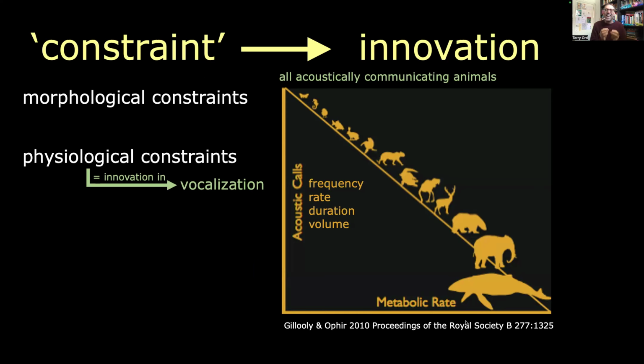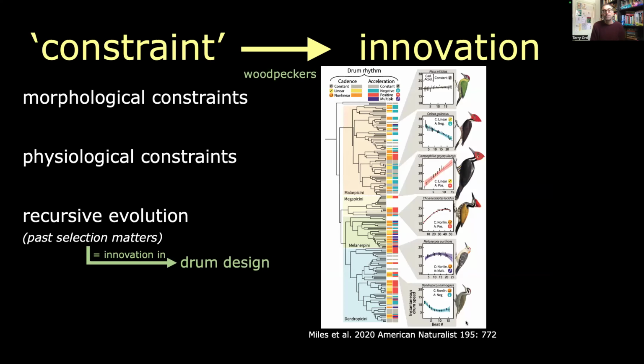So much so that any species that is deviating off that trend line has evolved some sort of innovation to escape that constraint of body size and metabolism. And it's remarkable because it's really a powerful model that predicts how animals should communicate, and yet it's not really been leveraged to be able to explore the evolution of innovations and vocalizations.